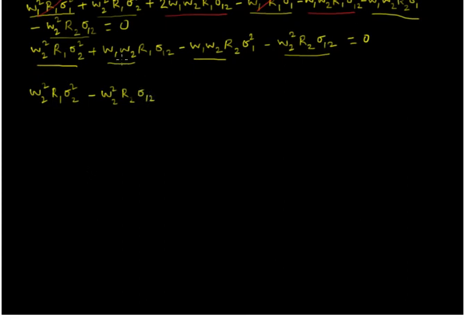And let us take the W1 and W2 terms over to the right hand side. So what we are going to have is W1 times W2 times R2 times variance of 1 minus W1 times W2 times R1 times covariance between 1 and 2.